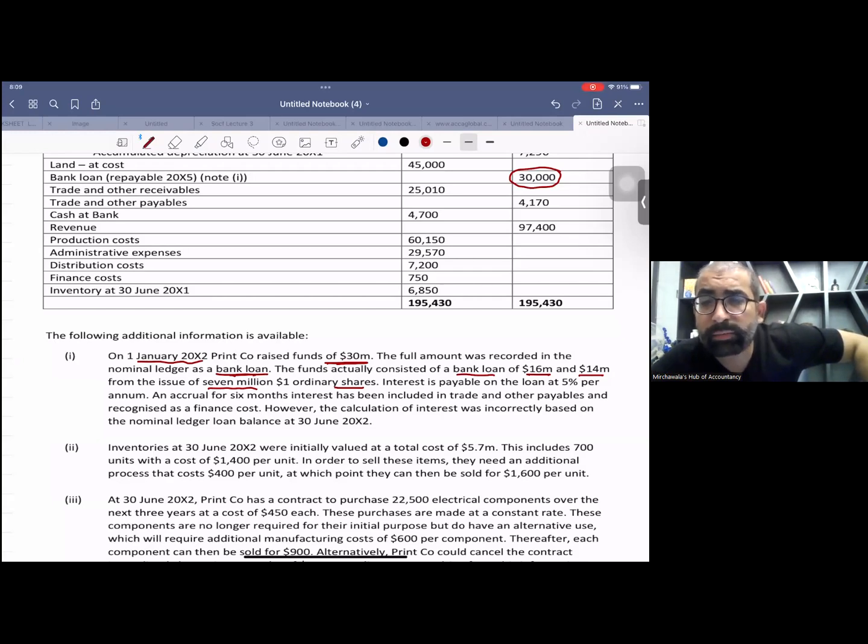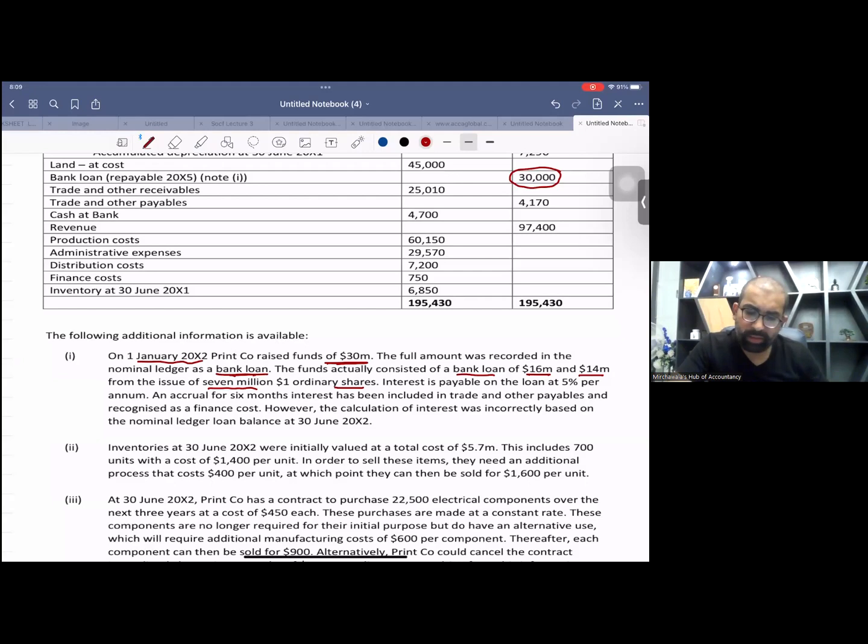We generated 14 million and issued only 7 million shares, so there is some share premium. But you can see they have made an error. They have recorded the complete 30 million as a loan, but in reality only 16 million is the loan. The remaining 14 million is the equity. So this is the first mistake.